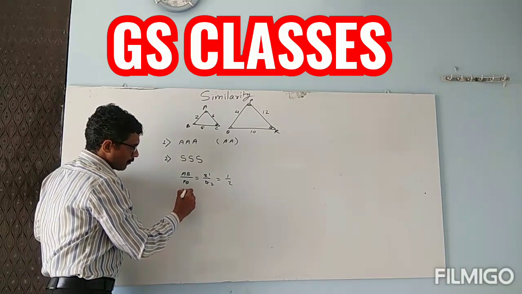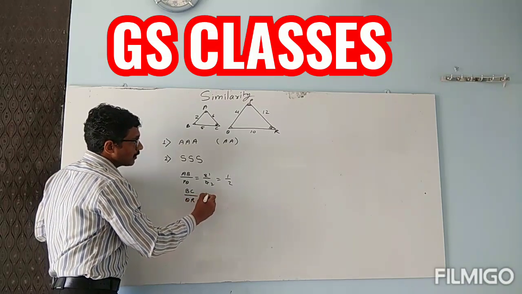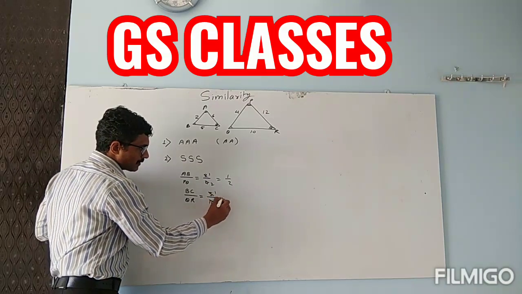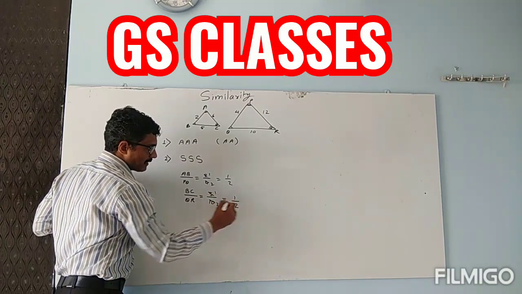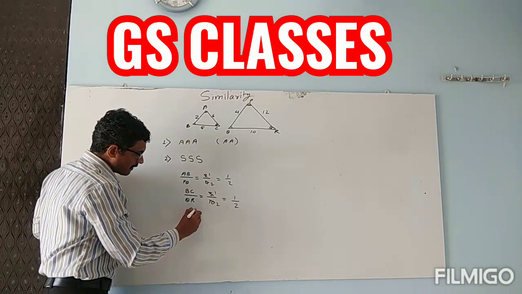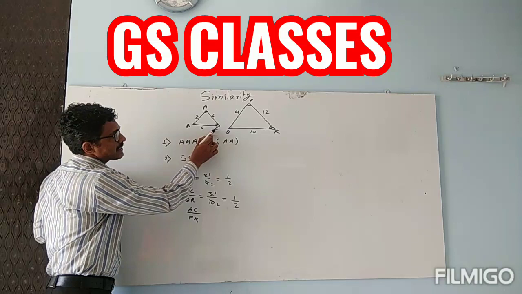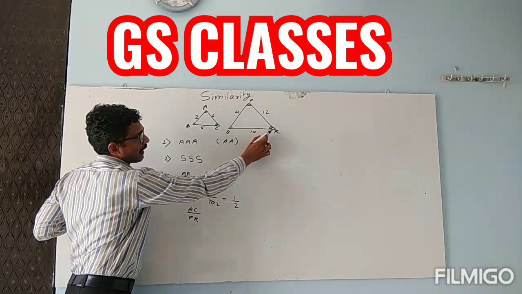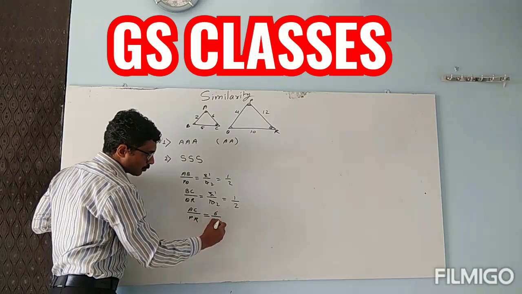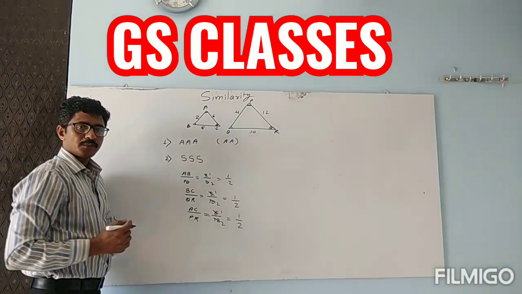Similarly, BC upon QR is going to be 5 by 10, that is 1 by 2. Now one more side, AC upon PR. This is going to be 6 upon 12, that is 1 by 2.